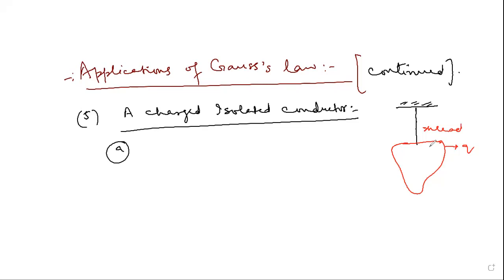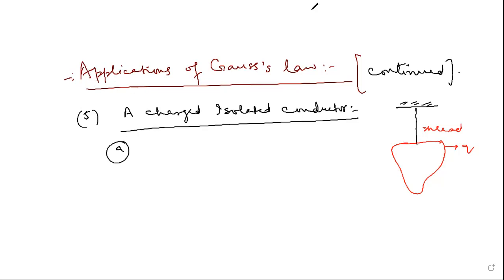Applying Gauss's law, there is no flux through the surface. Therefore, there is no charge inside my Gaussian surface, but there is charge on the isolated conductor, so it must lie outside the Gaussian surface, on the actual surface of the conductor, right?